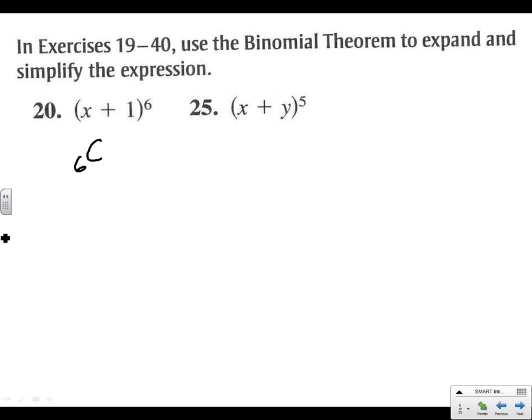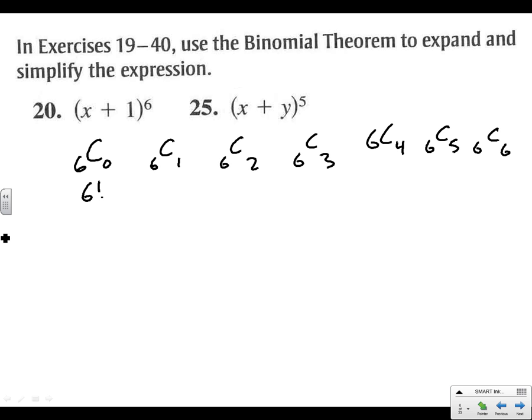We start with 6c0, then we go 6c1, 6c2, 6c3, 6c4, all the way out to 6c6. To find these coefficients, let's figure out what this is going to look like.